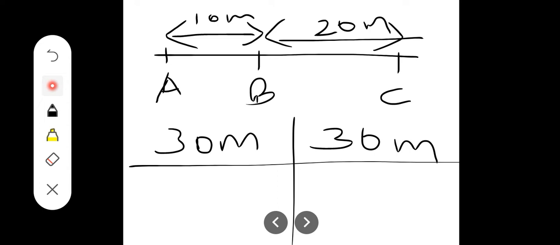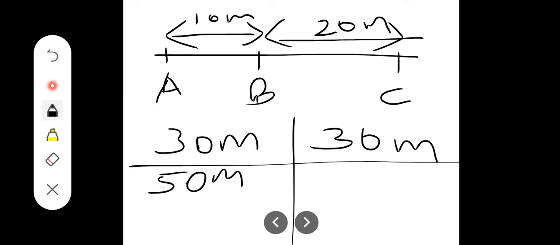When it goes from A to B 10 meter, B to C 20 meter, so 10 plus 20, 30, then again C to B 20. So 30 plus 20, that is 50 meter. Path length is 50 meter.